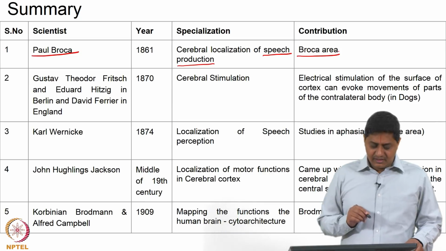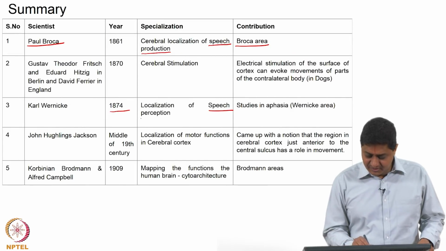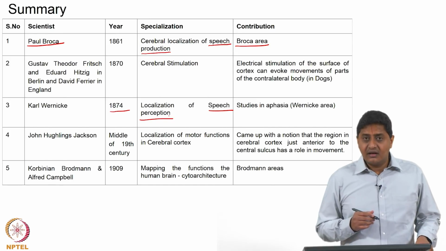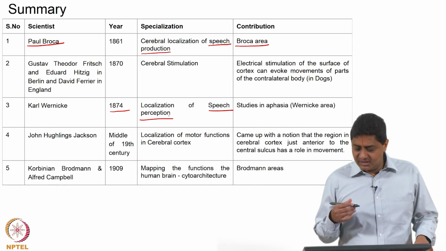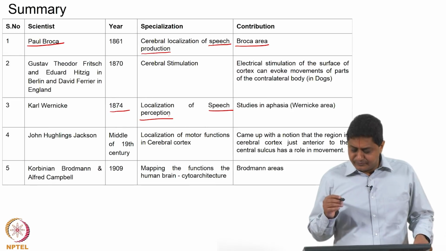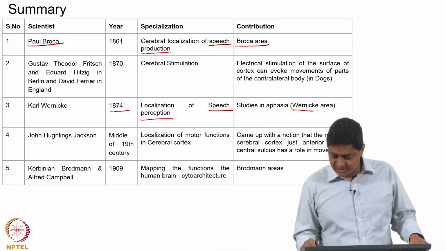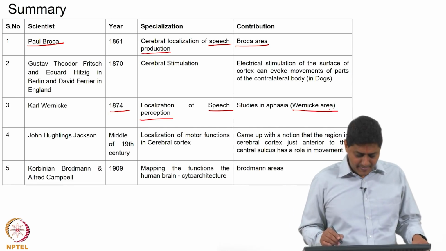Then for speech perception, Wernicke claimed that there is a particular region within the brain where perception of speech happens, which is now called Wernicke's area, right.